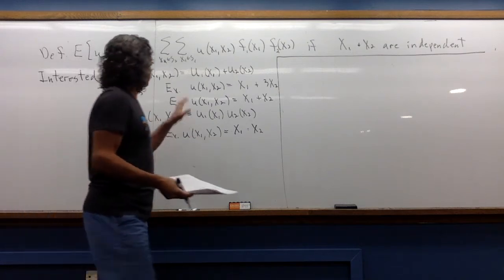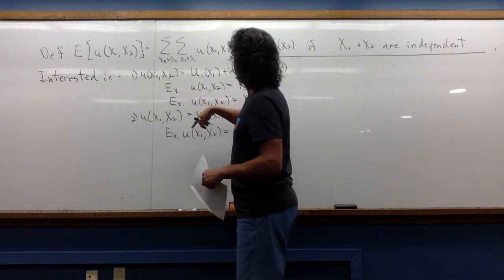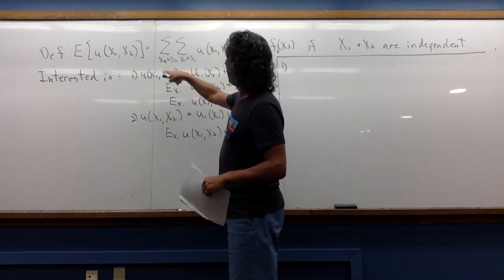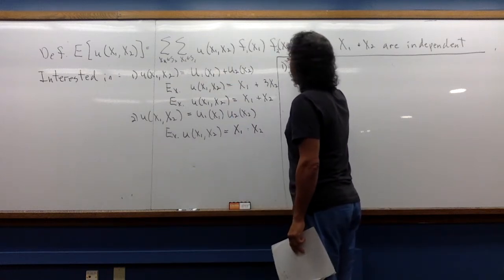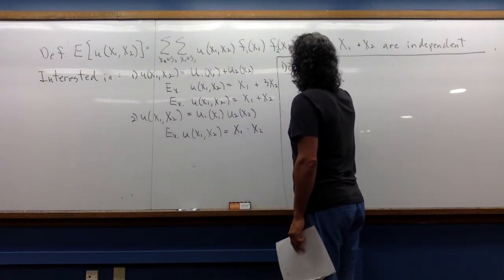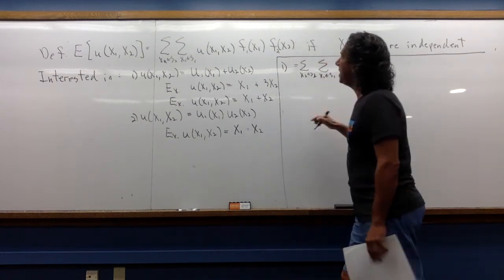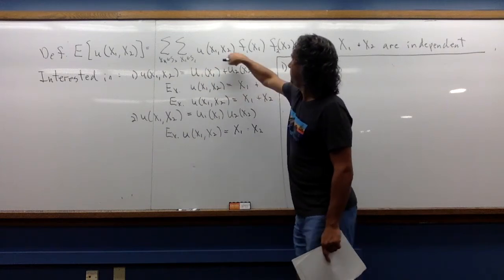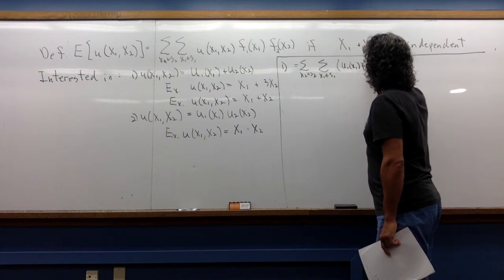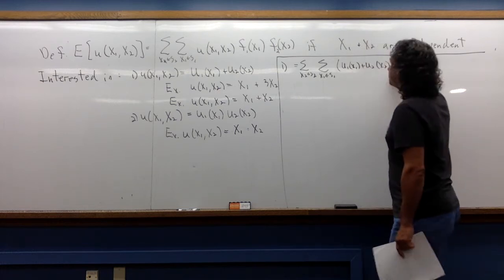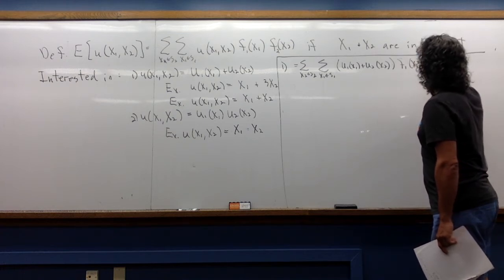So first off, let's see what happens then. Let me actually write this out. If I had this expected value, then by definition, that would be the sum over both sample spaces of u1 of x1 plus u2 of x2, times f1 of x1, f2 of x2.